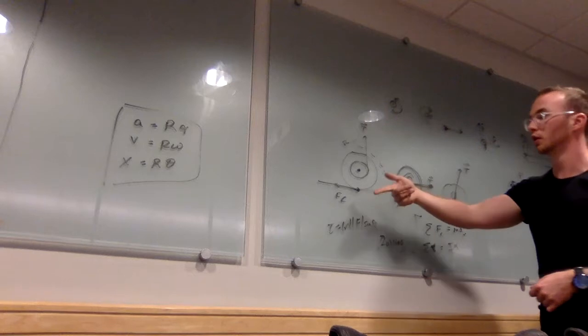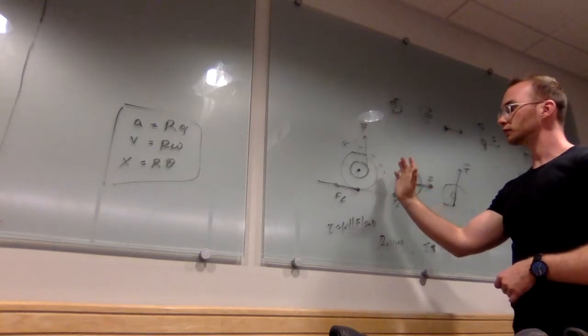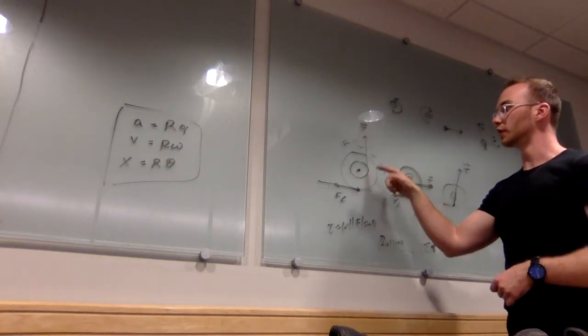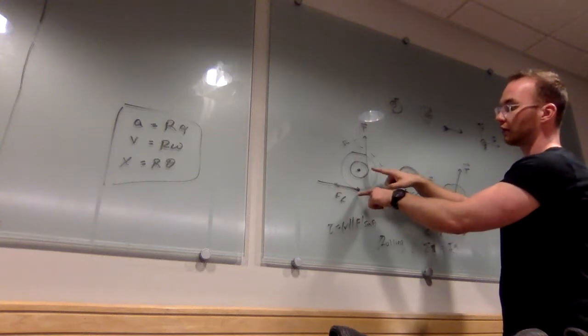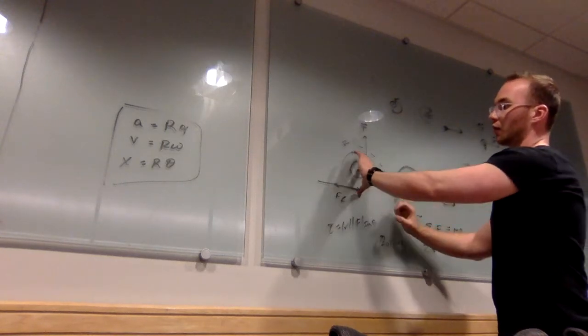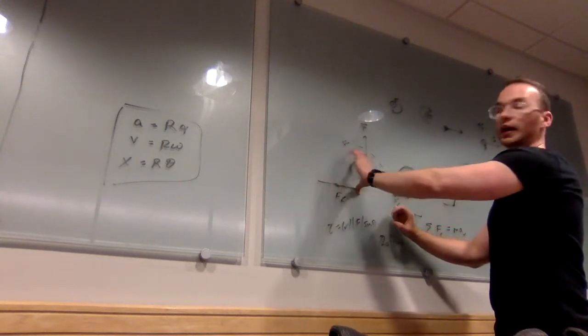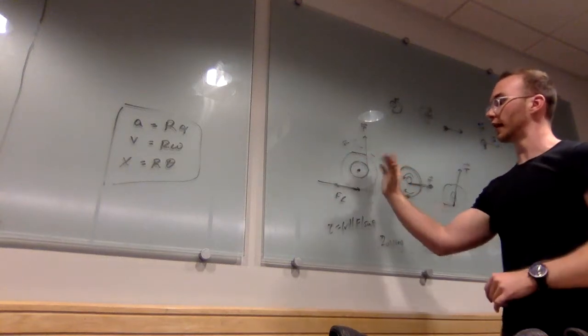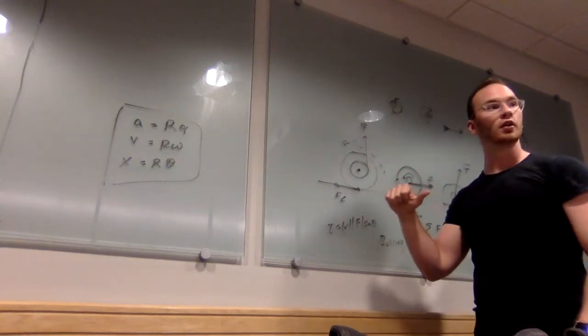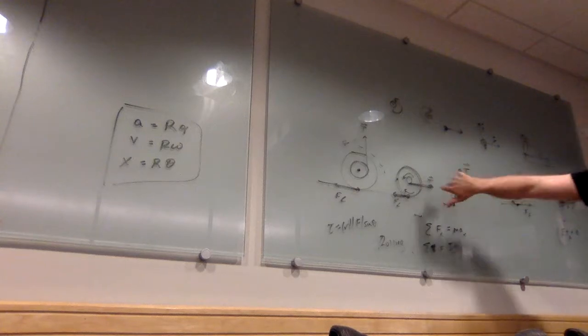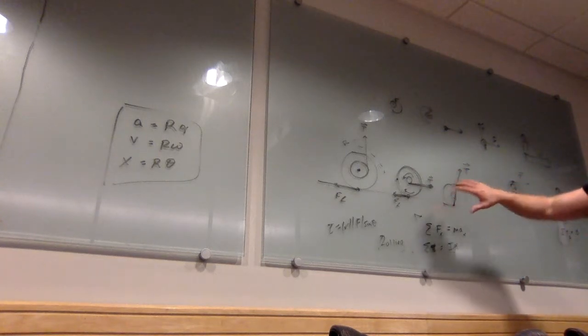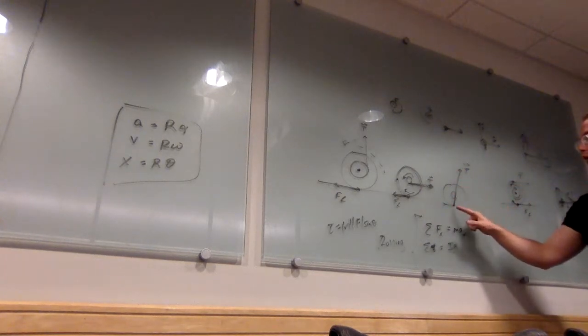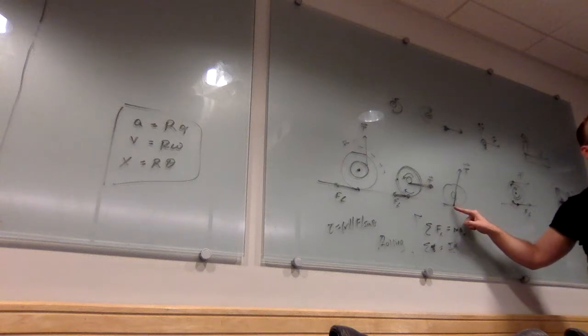And then for this one, this up here relative to this point, this is going to want to rotate it that way, right? And so if we use the right-hand rule, it's going to be out of the board, right? And for this one, well, this is applied right at the point.